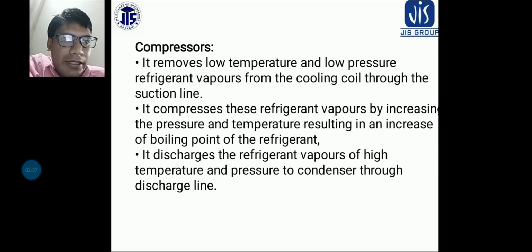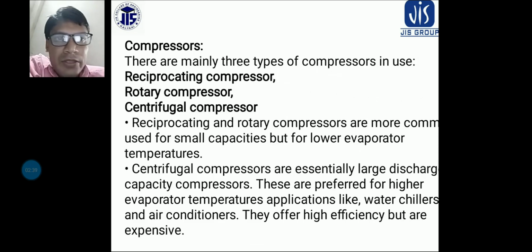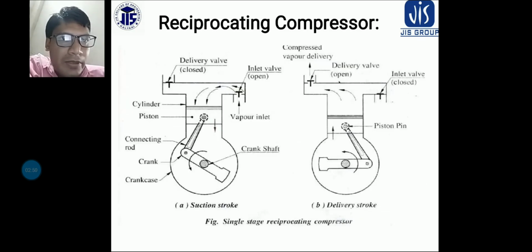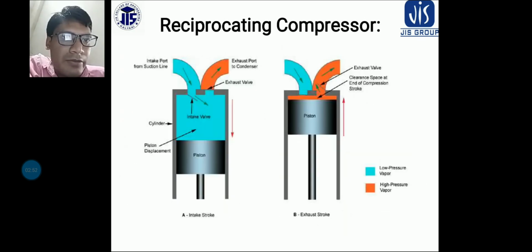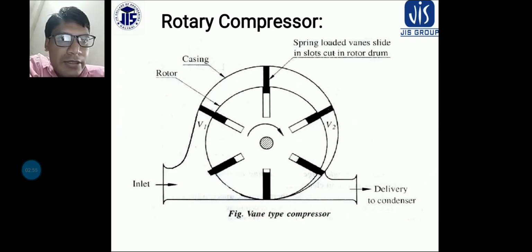Now, the types of compressor we have seen: reciprocating compressor, rotary compressor, centrifugal compressor, and screw compressor. Here you can see the reciprocating compressor figure. And the rotary compressor is a vane type rotary compressor, where we have seen spring loaded vanes sliding in the slot when the rotor drum is rotating, and the refrigerant passes from the inlet valve and inlet pipe to the outlet pipe.